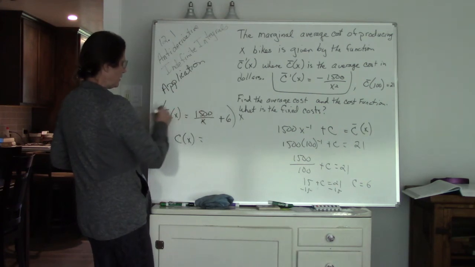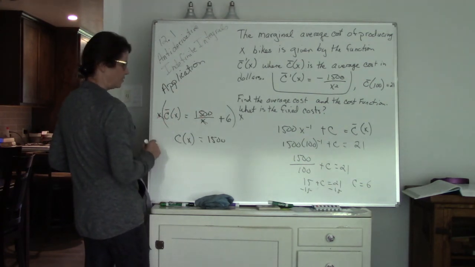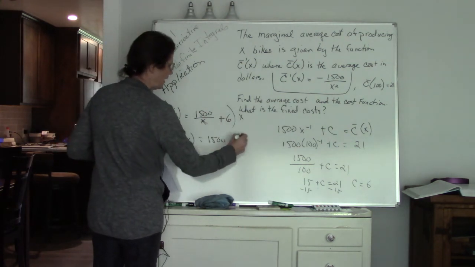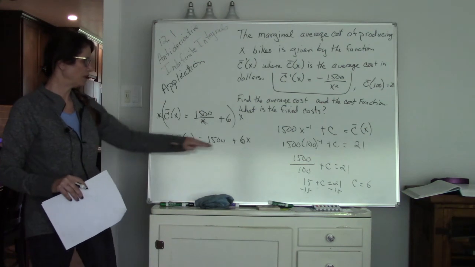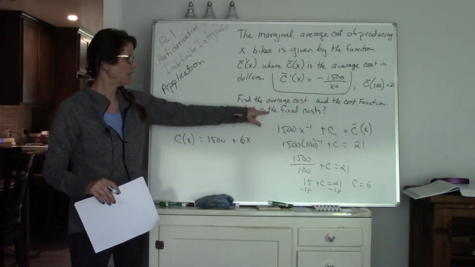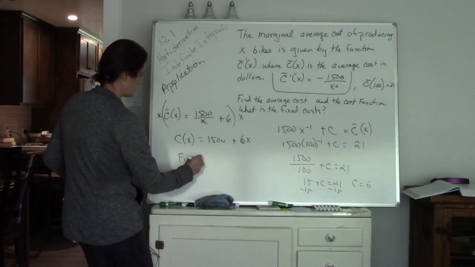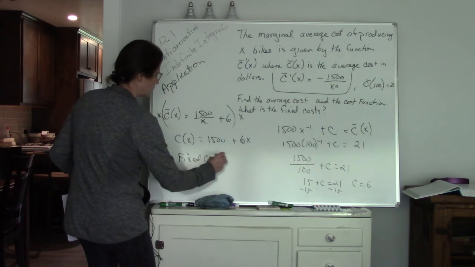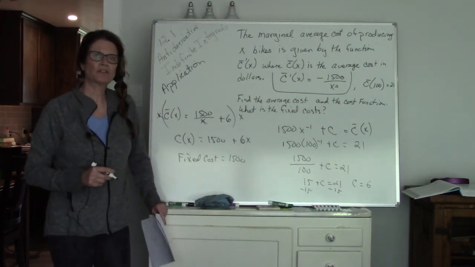When I multiply this term by x, I get 1500 because the x's cancel. When I multiply this by x, I get 6x. So my cost function is 1500 plus 6x. That's my cost function. And now it asks for what's the fixed cost. The fixed cost is our constant 1500 in our cost function.